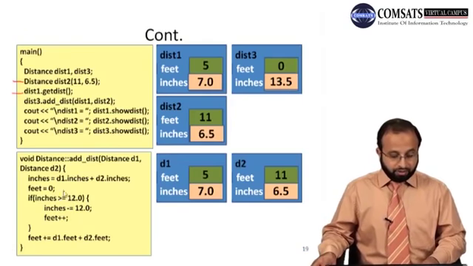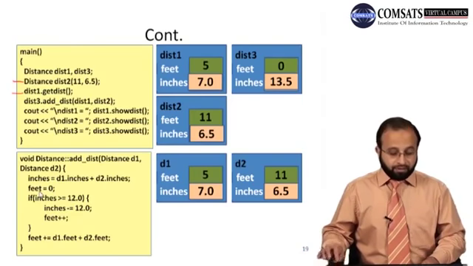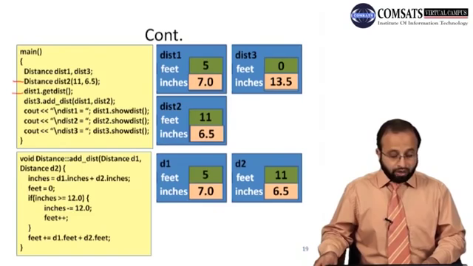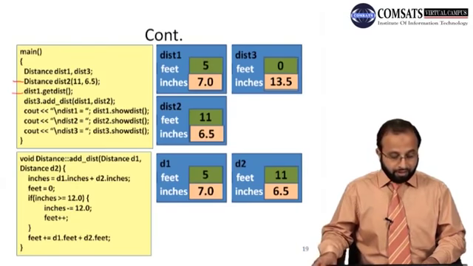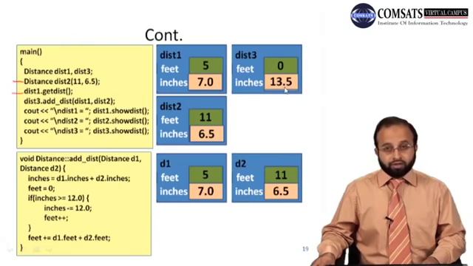The next statement is you initialize feet with 0. Which feet? The feet is the private data member of the object with which you have called the addDest function, and that is dest3. So you initialize feet with 0, right? And then you are checking in the if statement whether inches is greater than or equal to 12. Yes, inches is greater than or equal to 12. The condition is true.